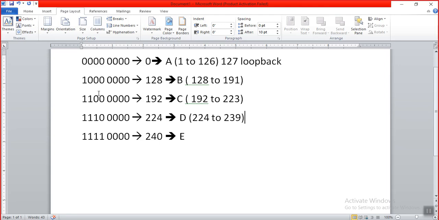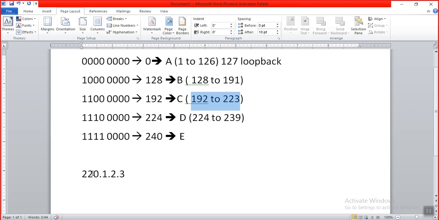So this is the range in the first octet. If I mention one IP, 220.1.2.3, which class should it be? It should be class C, because the range is 192 to 223, and 220 is within this range.